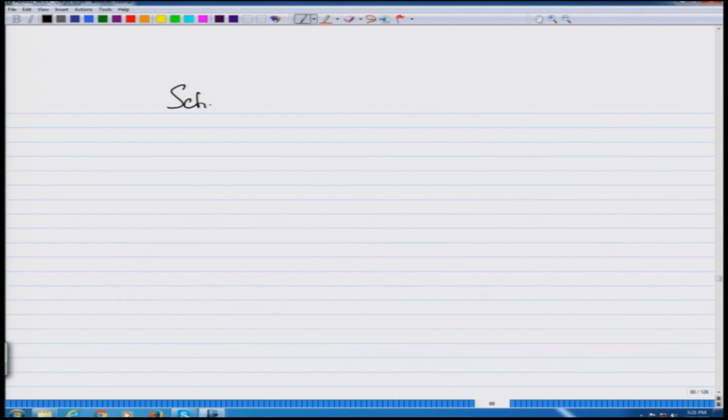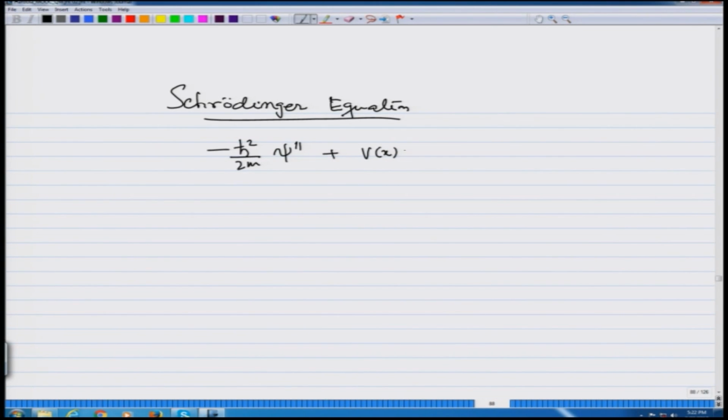For the Schrodinger equation, minus h cross square over 2 m psi double prime plus V x psi equals E psi, I am supposed to satisfy certain boundary conditions.